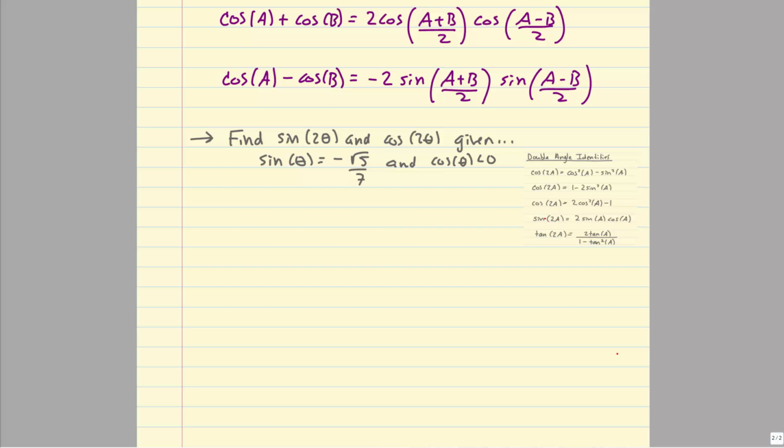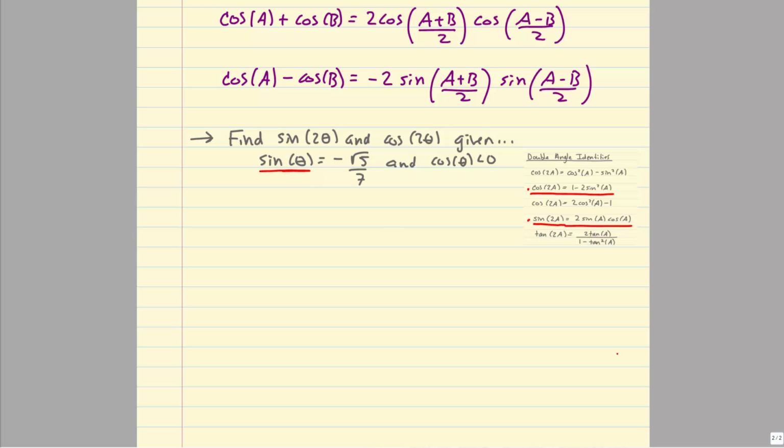I only have one option for the sine of 2 theta. But for the cosine of 2 theta, I have 3 options, but only one of those options just involves the sine. And that's all I was given here was the sine. So I think I'm going to use these 2 right here. This one I had no choice. I could have chosen any of these 3, but this is the fastest one, because the other ones I'd have to figure out what cosine is to use them.